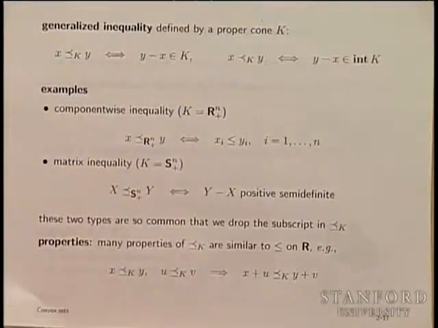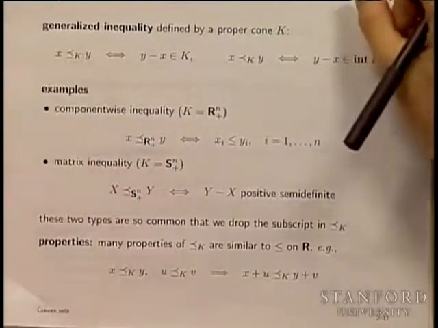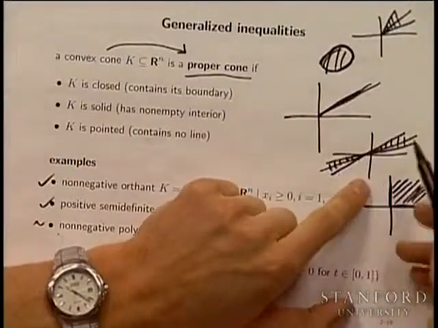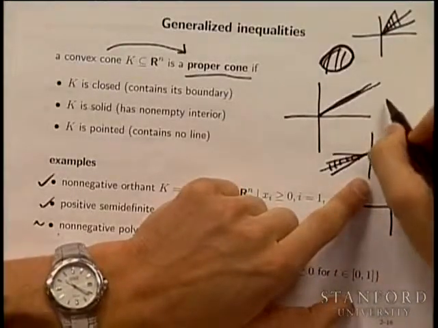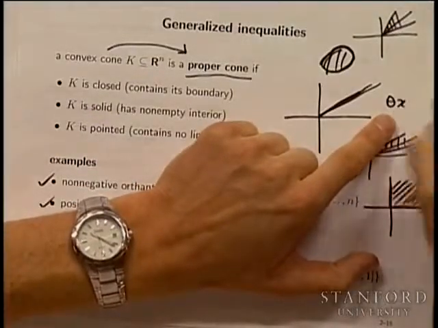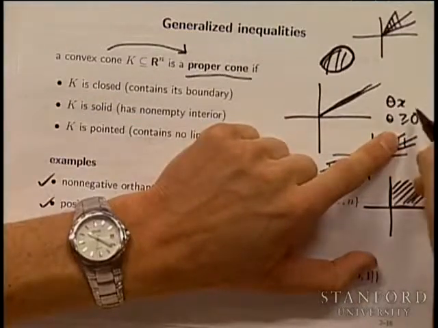Okay, so when we make a generalized, yeah. Why is that a cone, the third drawing? This one here. It's a cone because the definition of a cone was just that if I have a point x in the cone, theta x for theta positive has to be in the cone.